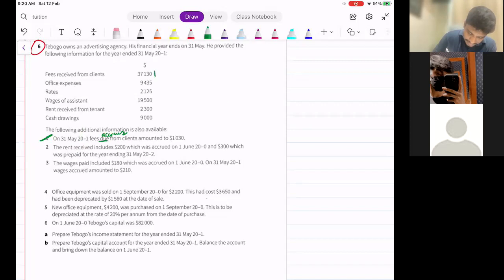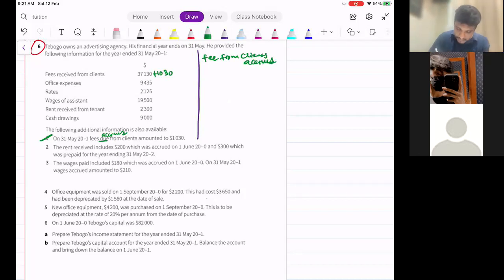Plus. Plus 1030. And then you need to create an account called fee from clients accrued. Fee from client accrued 1030.